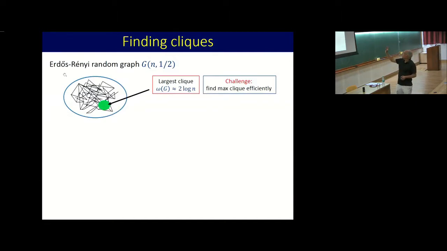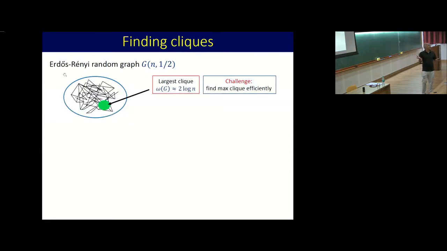But we know 2 log n exists, and it's easy and sort of trivial to find a clique of size log n, just by greedy. You choose a vertex. On average, there are n over 2 vertices that are neighbors, n over 2 not. Keep the neighbors, remove the non-neighbors. Keep going. So n over 2, n over 4, you last log n steps.